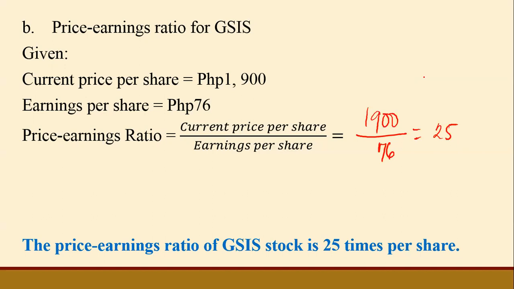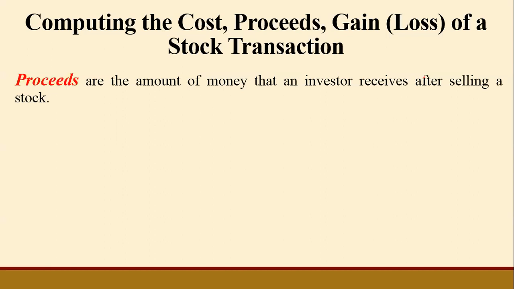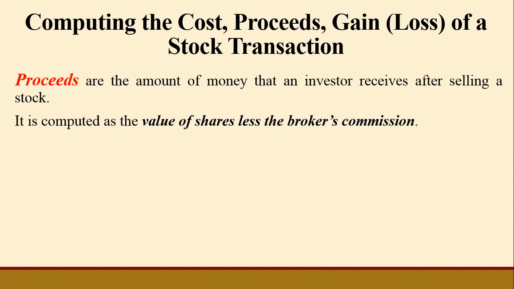Another one, computing cost, proceeds, gain, or loss of a stock transaction. What are proceeds? Proceeds are the amount of money that an investor receives after selling a stock. It is computed as the value of shares less the broker's commission.